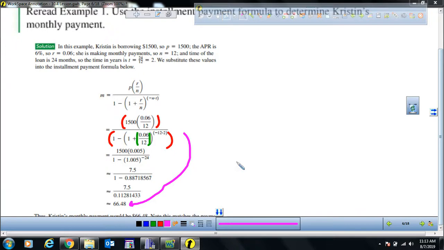And what you don't see here below is that Kristen's monthly payment would be $66.48. That is the exact same thing that we got in example number 1. This is example number 2, using the same problem, but instead of using the table, with the formula. And this formula is for calculating monthly payments for an installment loan.